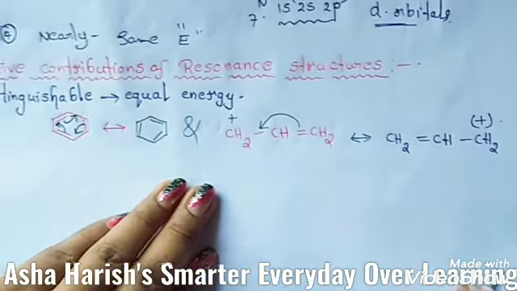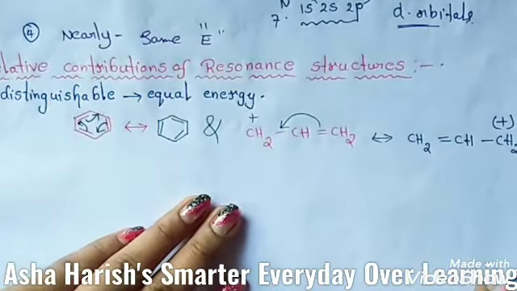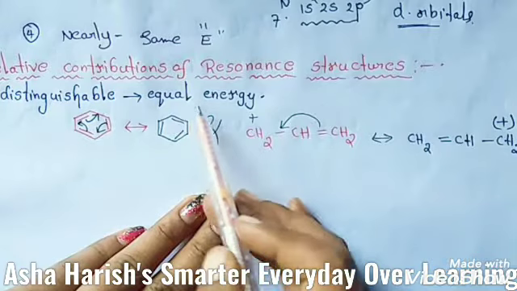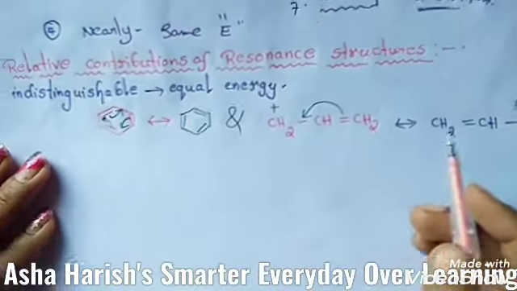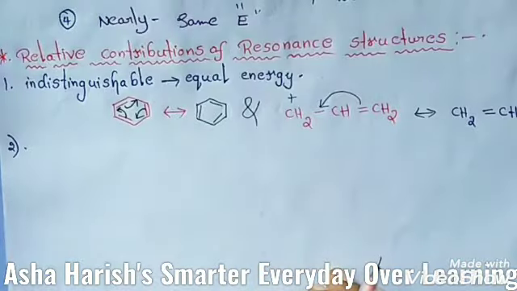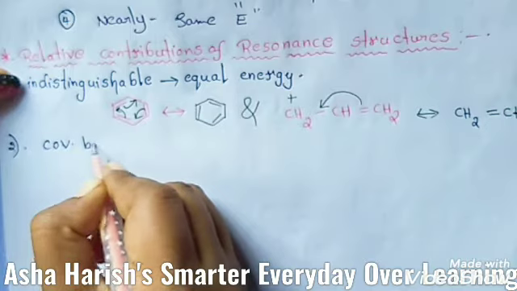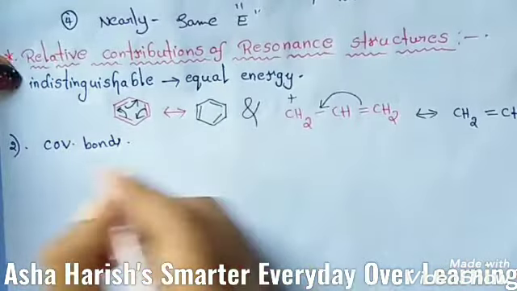Okay students, this is about the first one, relative contributions of resonance structures indistinguishable with equal energies. Now number 2 is structures with a greater number of covalent bonds. Structures with a greater number of covalent bonds contribute more towards the resonance hybrid.